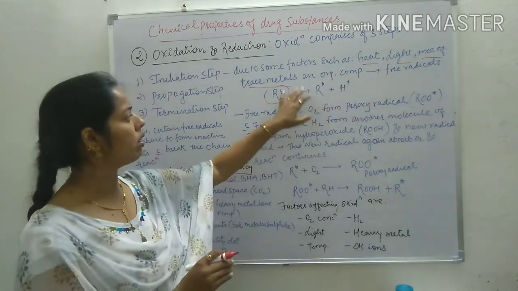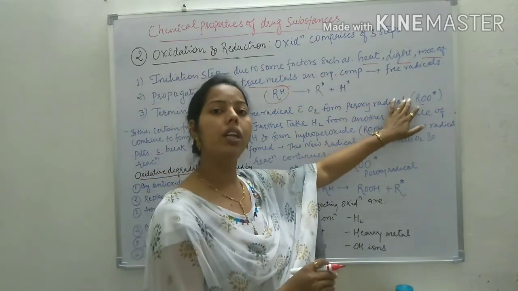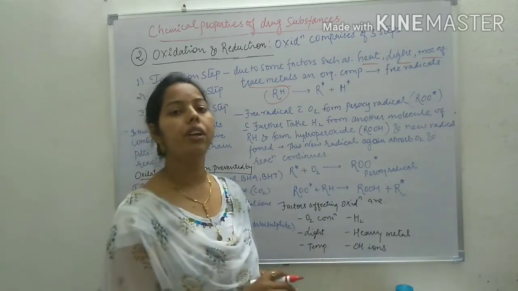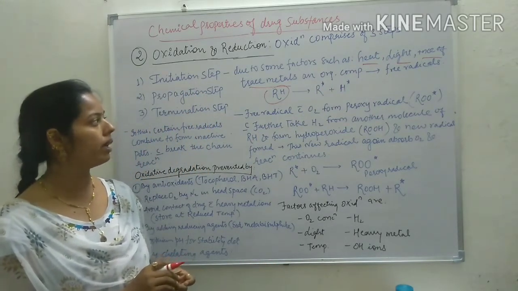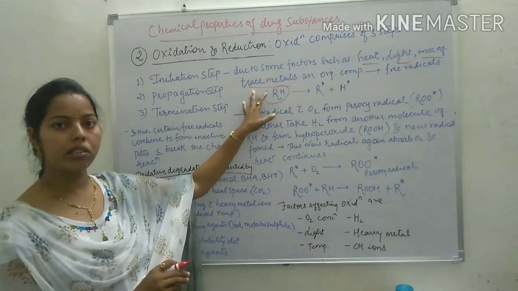So the organic compound is directly converted into the free radical with the help of light, heat, and the presence of heavy metals or traces of metals. This was the initiation step.